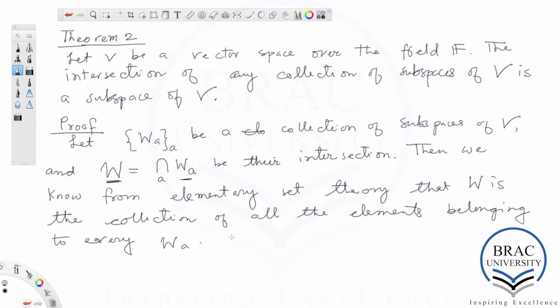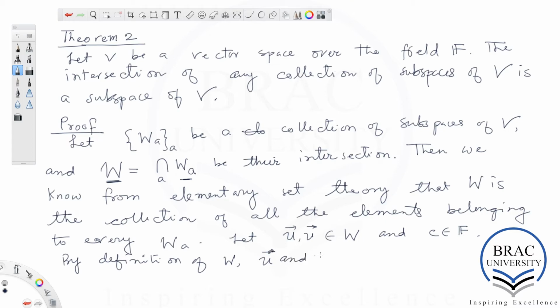All right, let U and V be two such elements of the intersection, and C a scalar. By definition of W, U and V belong to each WA.